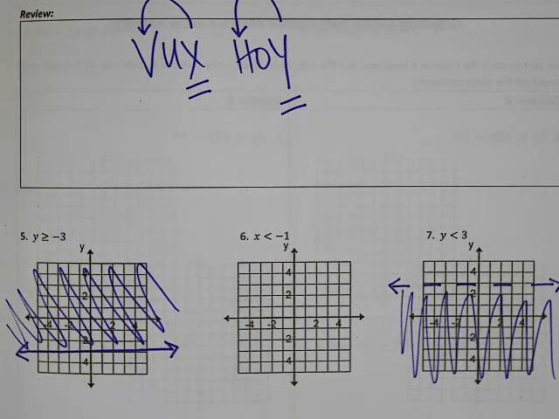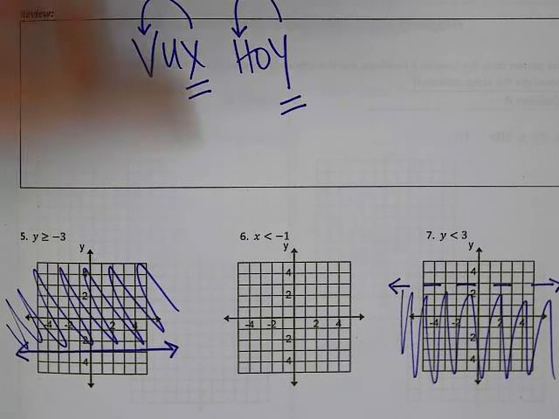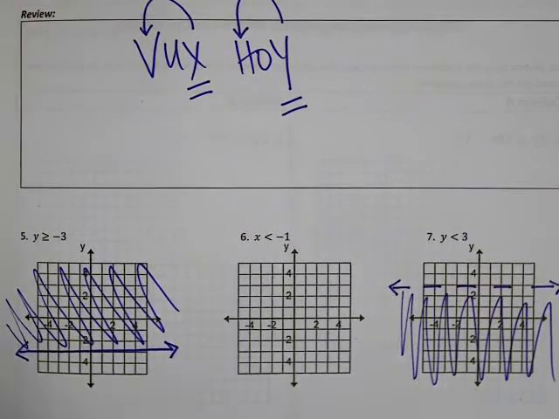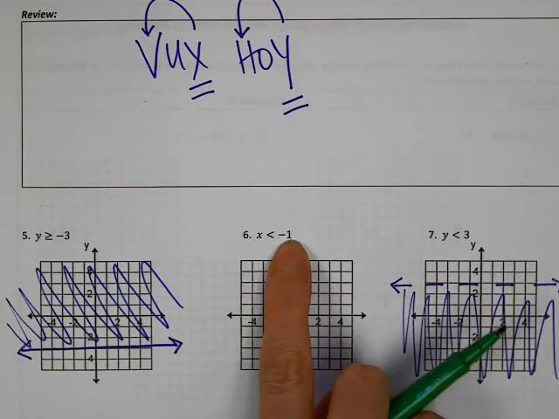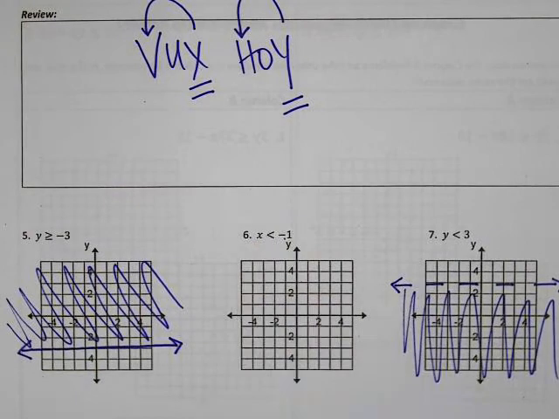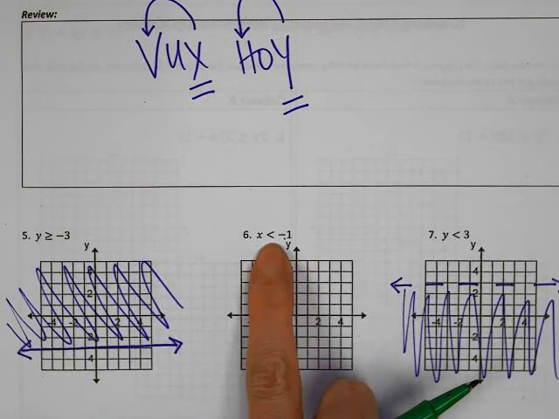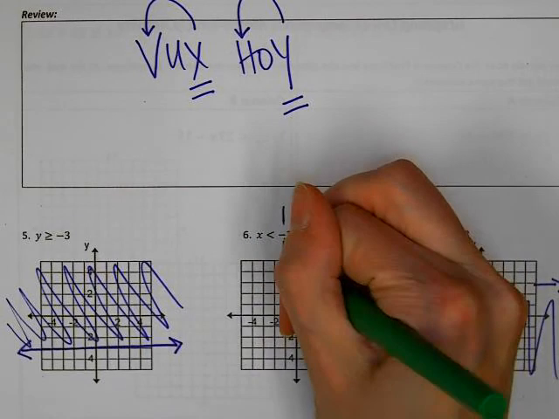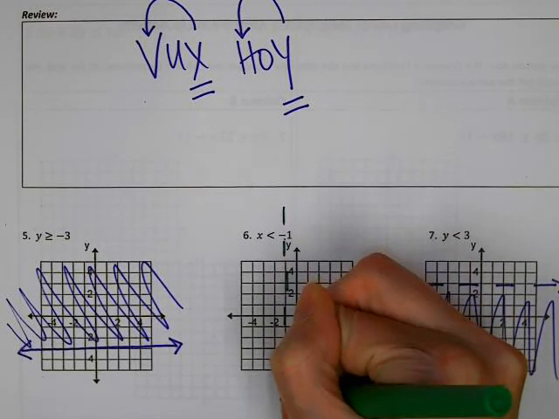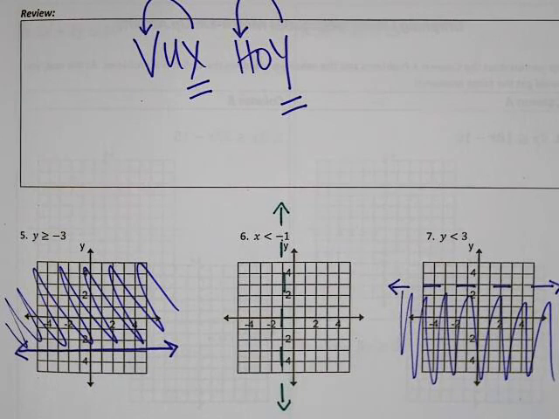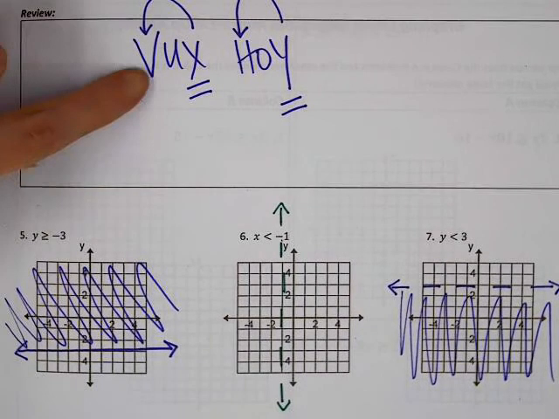All right, let's try an x one. When it's x, it's vertical. So we're going to draw a vertical line through -1. Now, dotted or solid? It's not equal, so dotted line through -1. Now, you guys, the x's are a little bit different.